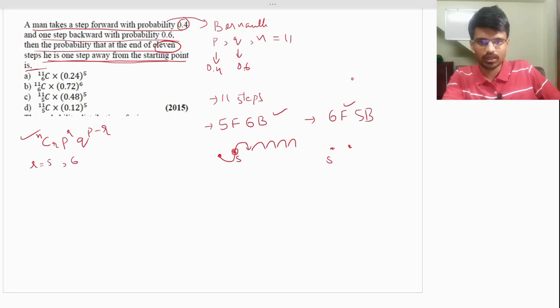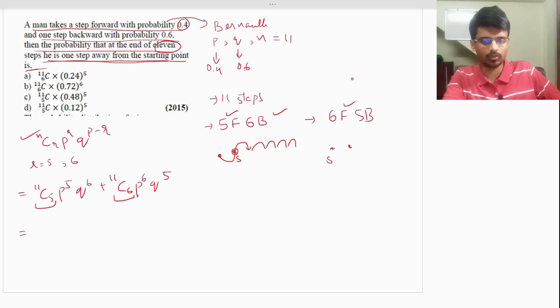Here r is the number of steps he takes forward, for r equal to 5 and r equal to 6. So what do I get? 11C5 p power 5 q power 6 plus 11C6 p power 6 q power 5, right? 11C5 and 11C6 are equal. Why?